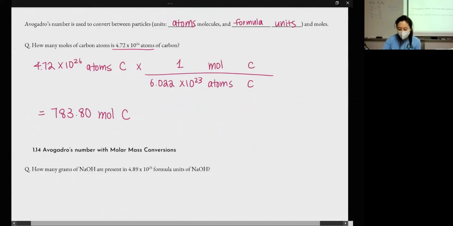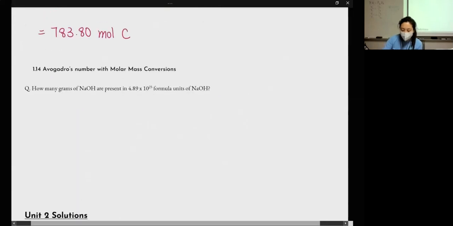Sometimes you'll be asked to convert from formula units, like the particles, to grams. That's when you have to calculate the molar mass. For 1.14, step 1 is to find the molar mass of NaOH.